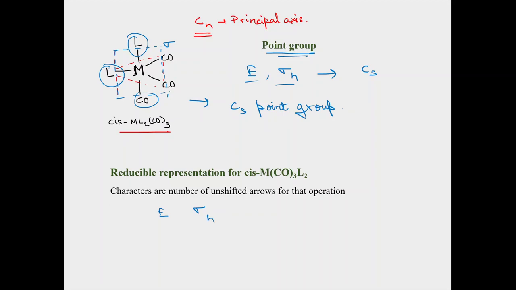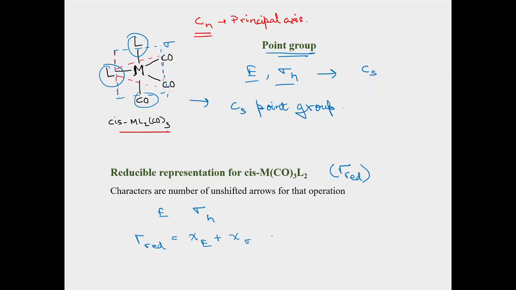Now for writing the reducible representation, we denote it like this: Gamma equals the character of E and the character of sigma h.